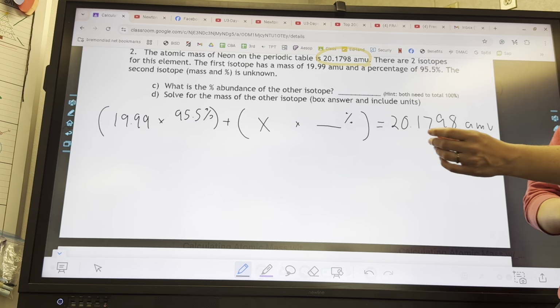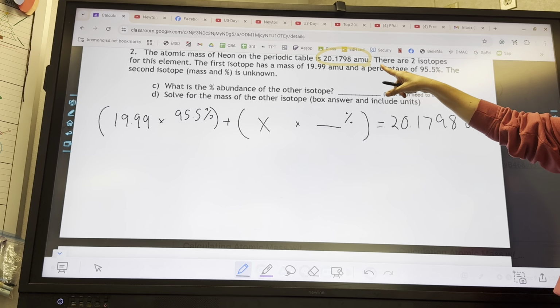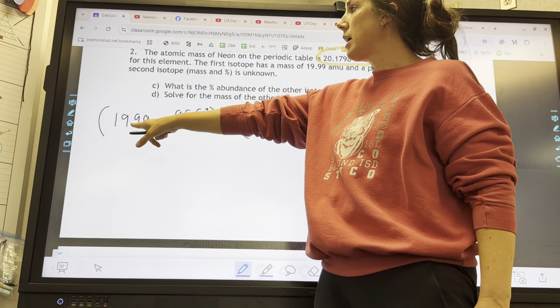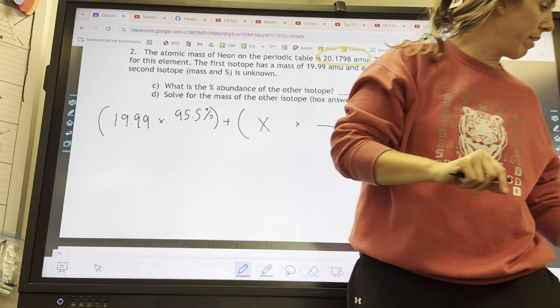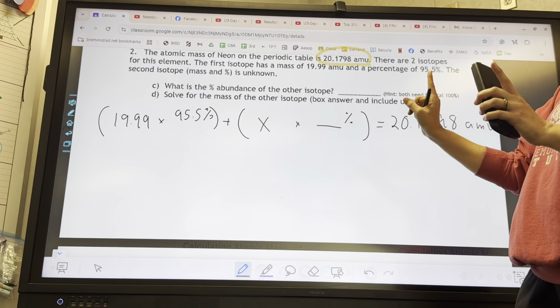Okay, so after reading this, the atomic mass of neon on the periodic table is this right here. That's our end amount that we need to get to. There are 2 isotopes. The first one has a mass of 19.99 and an abundance, a percentage, of 95.5. We know nothing about this other one, but yes, we do.